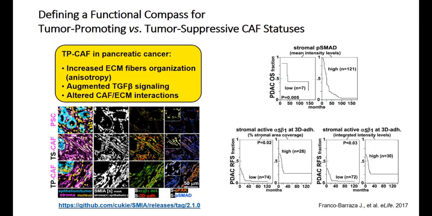We corroborated that these are clinically relevant because when we had this tumor promoting phenotype more abundant, retrospectively, our patients were perishing faster than those that didn't have this particular phenotype.